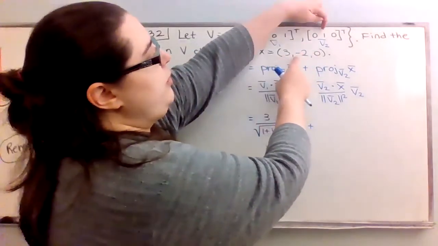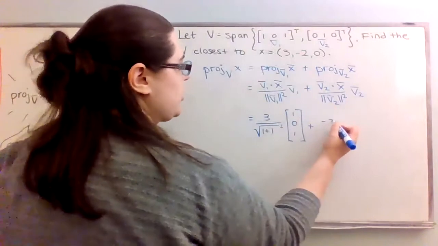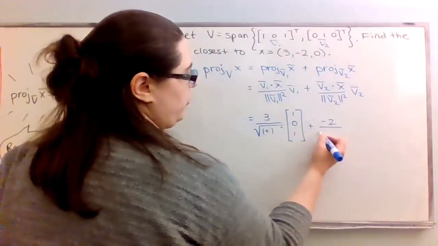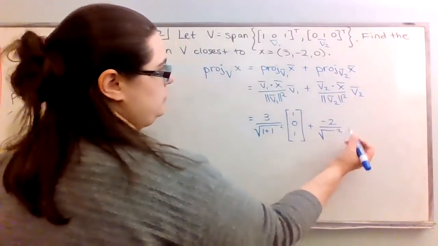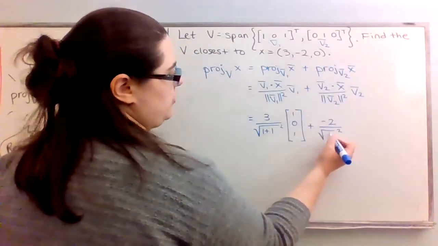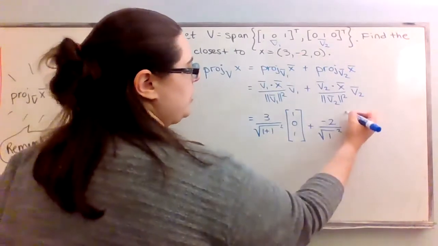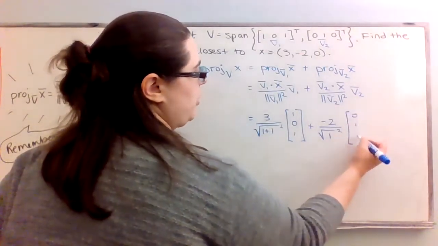It's going to be 0 minus 2, 0. So again, we just get negative 2 over the norm of V2 squared. And so the norm of V2 is just going to be the square root of 1, times V2, which is (0, 1, 0).